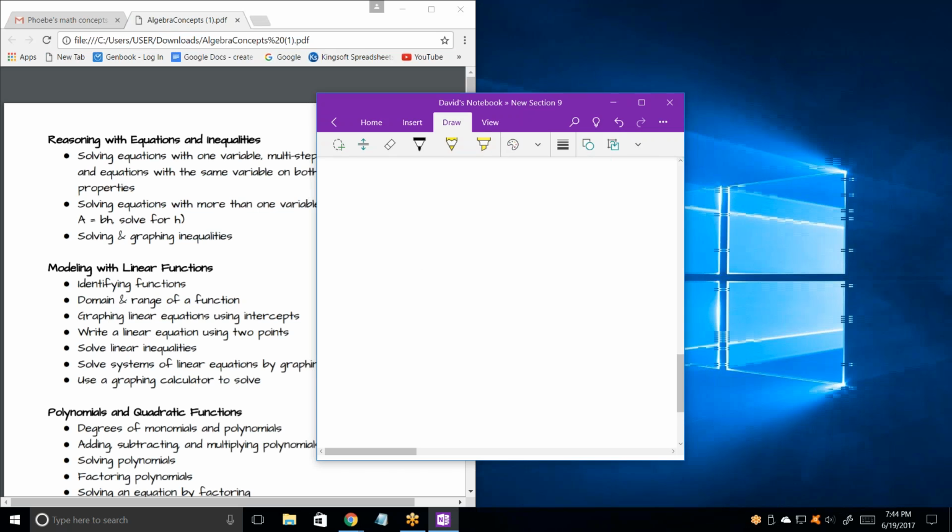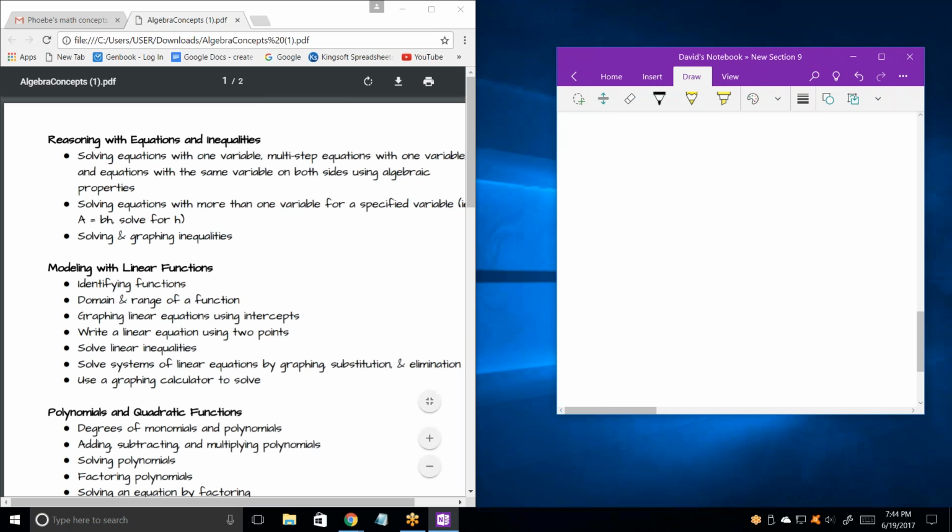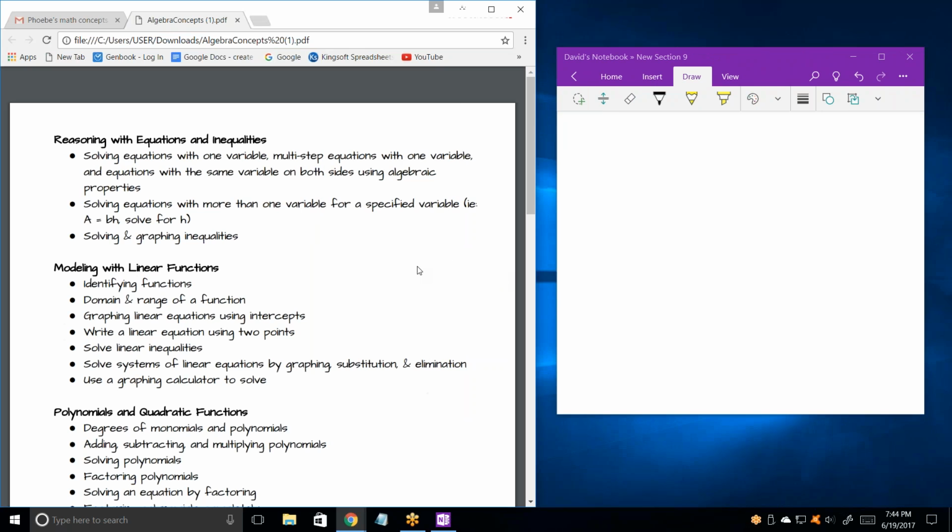Let's see, what else? Let me read this thing a little bit. If I had A equals BH, can you solve that for H? No, I haven't learned this.